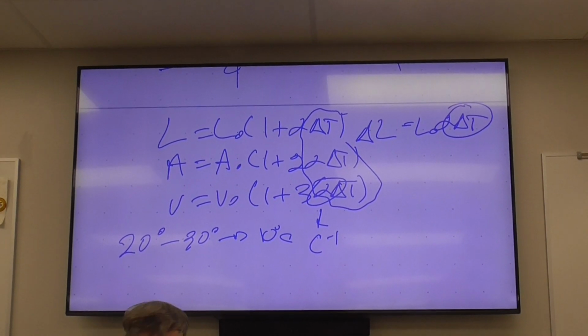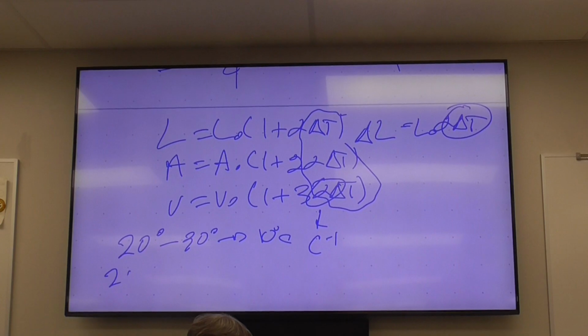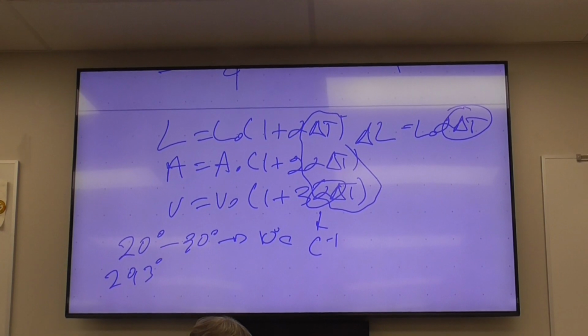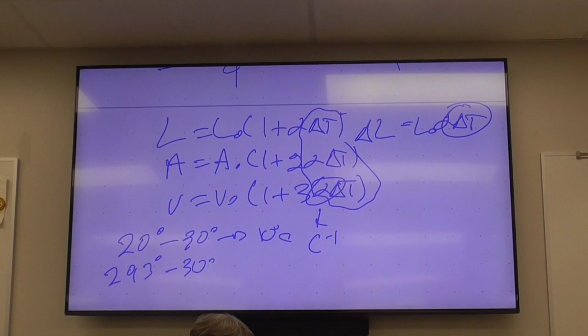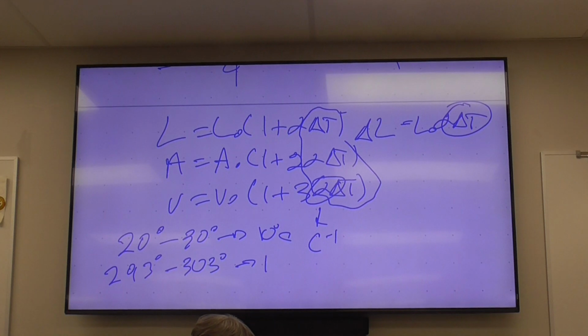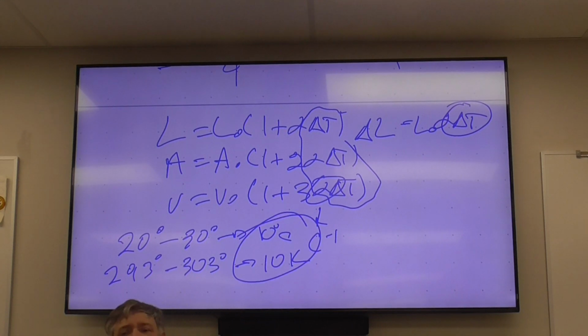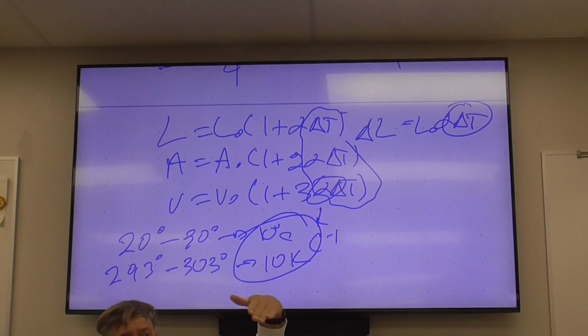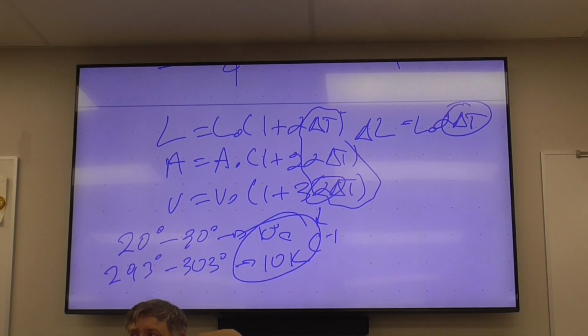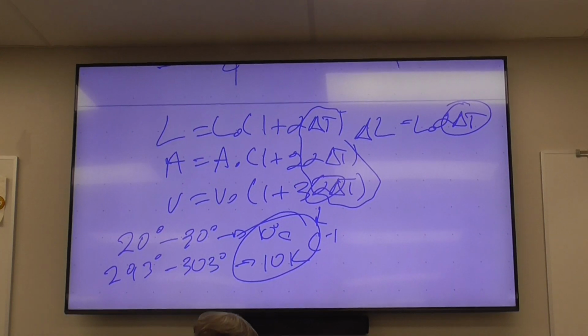If you have Kelvin, that's 293 Kelvin and 303 Kelvin, which is still 10 Kelvin. Because it's a change, whether you're in Celsius or Kelvin doesn't make any difference. So mathematically, this is why this works.